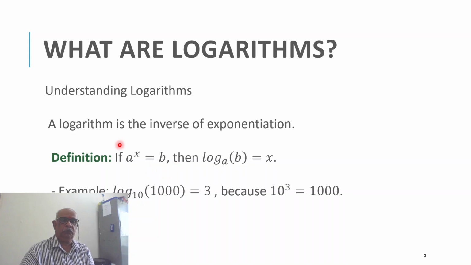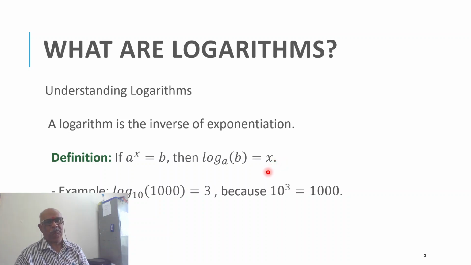But then, what is a log? Let's say there exists a to the power x equal to b. This is represented as log of b to the base a is equal to x.